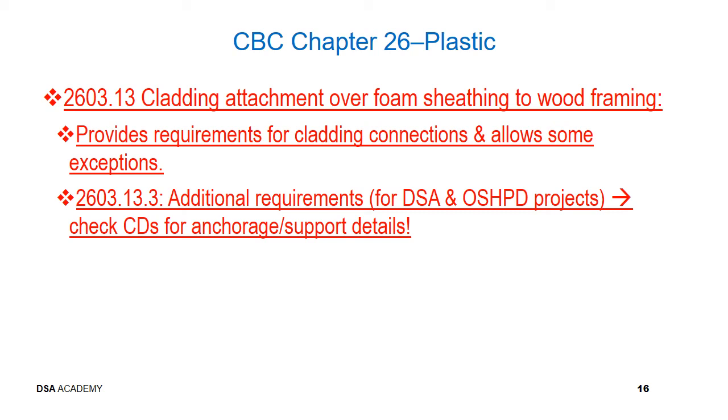Section 2603.13 specifies the requirements of cladding attachment over foam sheathing to wood framing. Additional requirements for DSA projects can be found in Section 2603.13.3. Always check construction documents for anchorage and support details.